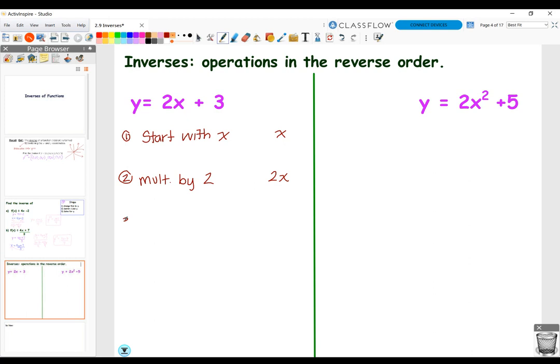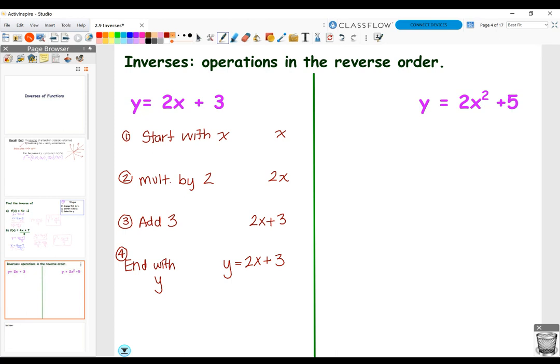Then I would add the 3 on, so I get 2x plus 3. And I would end with my equation, which is y is equal to 2x plus 3. And I'd end with y.